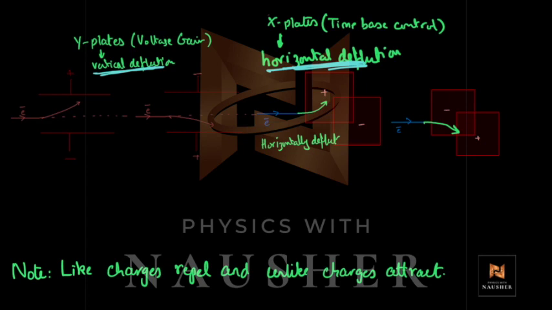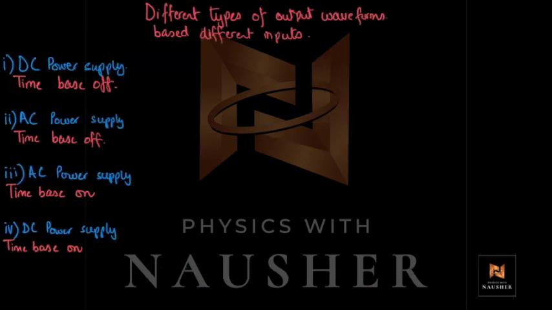So how high or how low a signal goes depends on your Y plates, and how much to the left and how much to the right it goes depends on the time. So time controls your movement in the X direction and the Y plates control your movement in the Y direction. We'll discuss all of these cases just next.